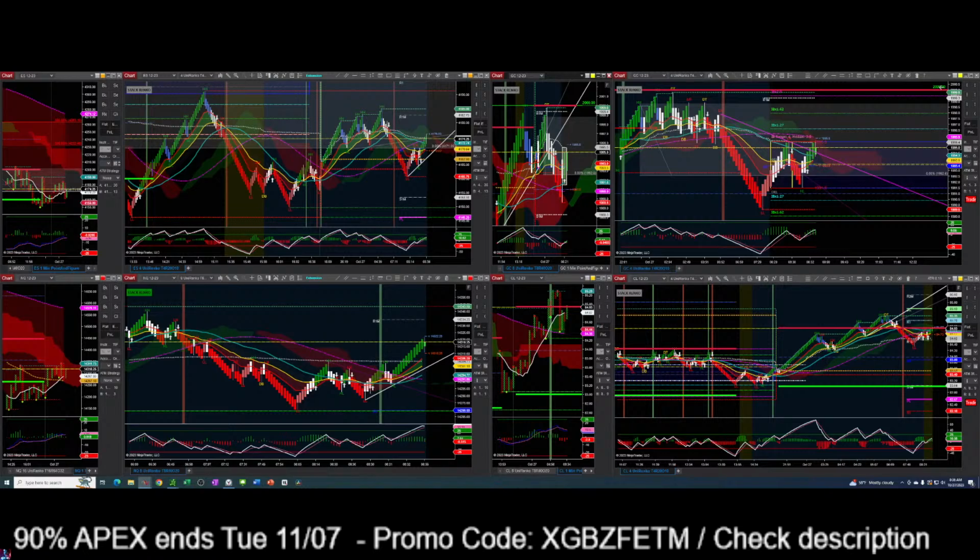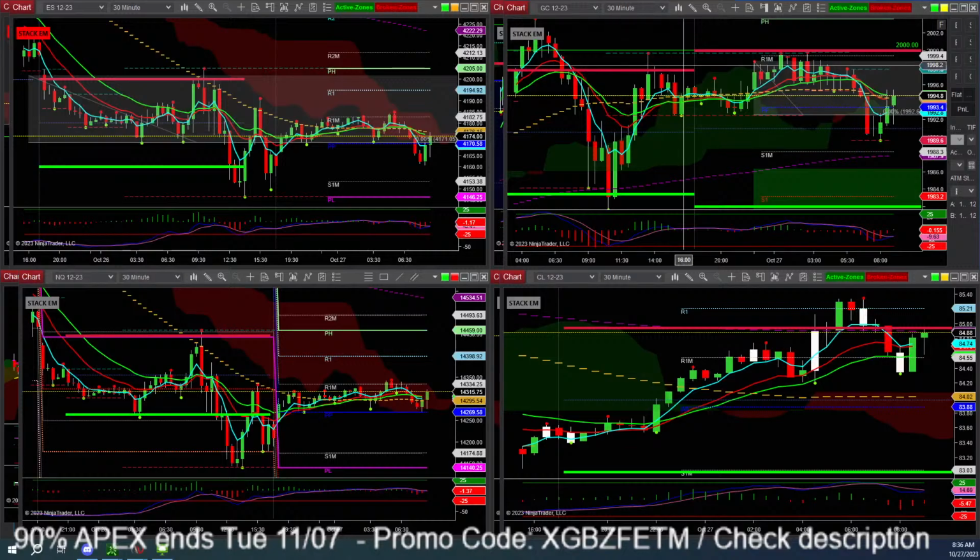let's look at it together. Let's look at the 30 minutes chart. The 30 minutes is, you know, up and down in this area, bouncing back up. There's a wick right there.